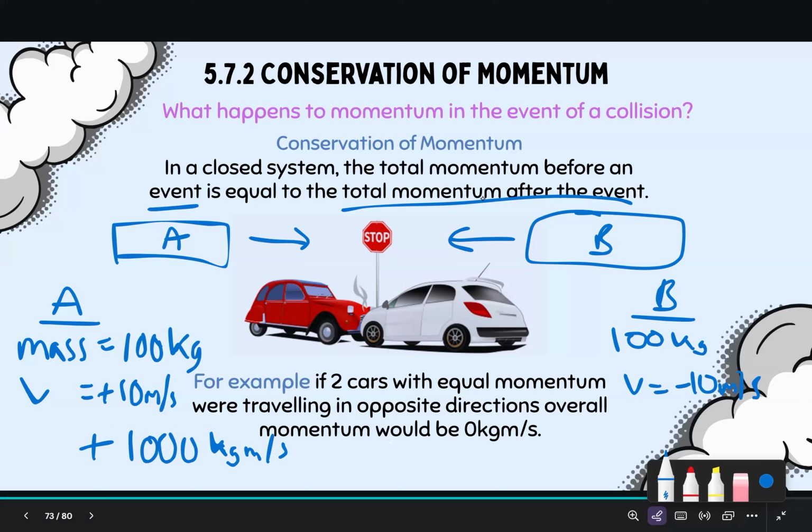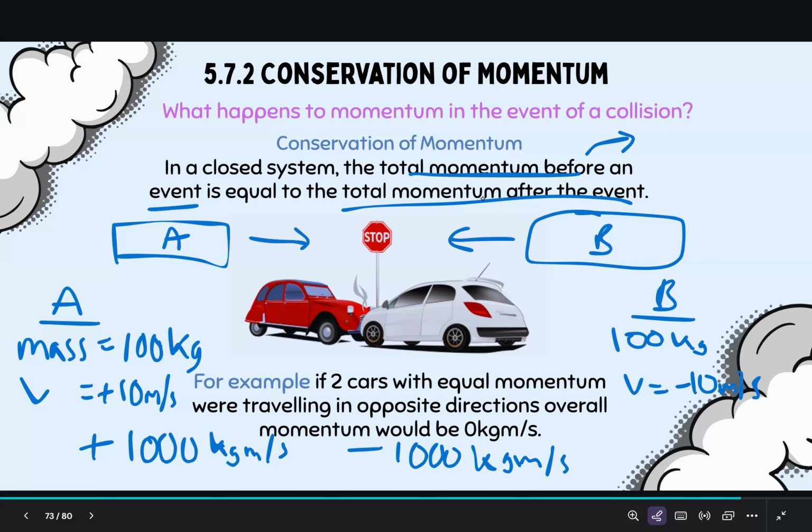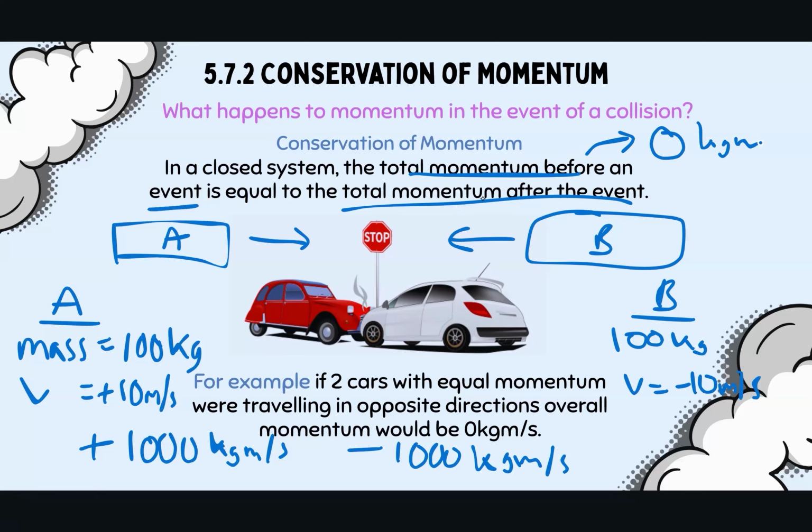The momentum of B is minus 1000 kilogram meters per second. So before they even collide with each other, the total momentum before is going to be 1000 take away 1000. So it's going to be 0 kilogram meters per second.